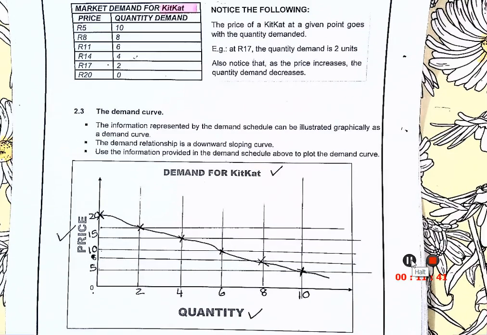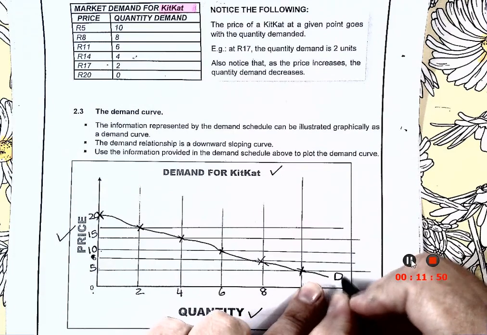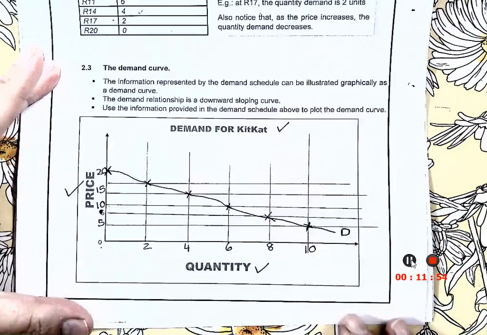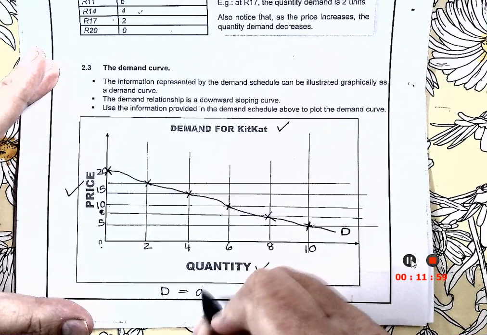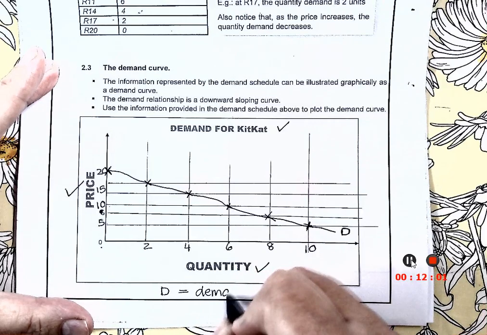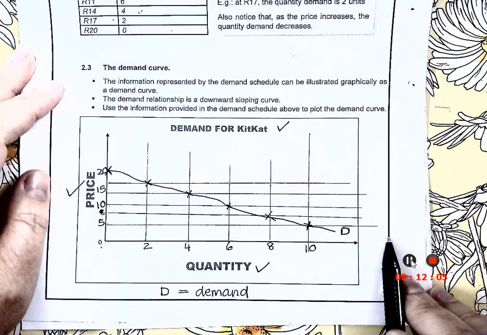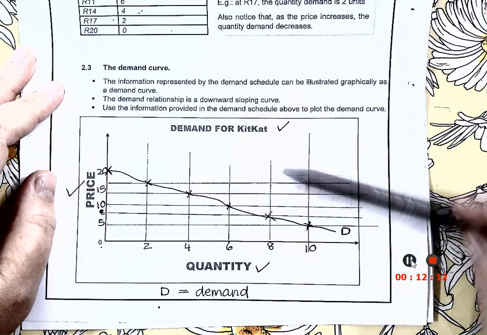You have to name the graph. So we say this thing here is demand. So I'm going to let you write it down here. D equals demand. So in economics, you're not going to write the word demand out on a graph. You're just going to put a capital D. And if I have more than one, you're going to see later on we have more than one line.